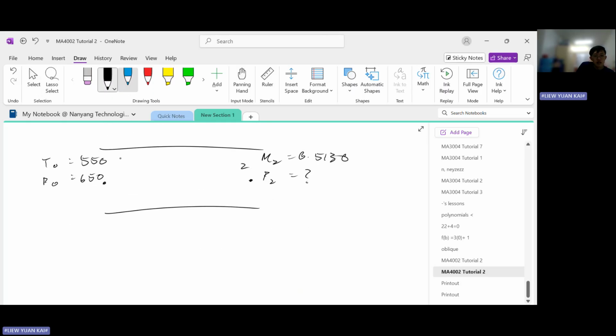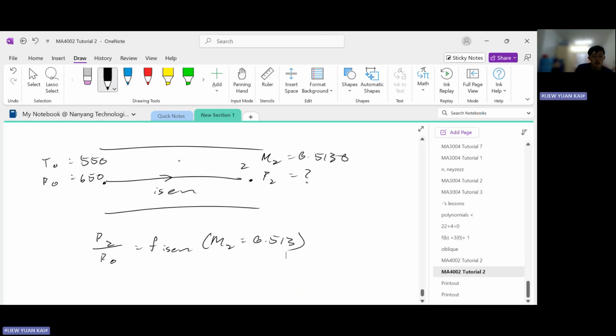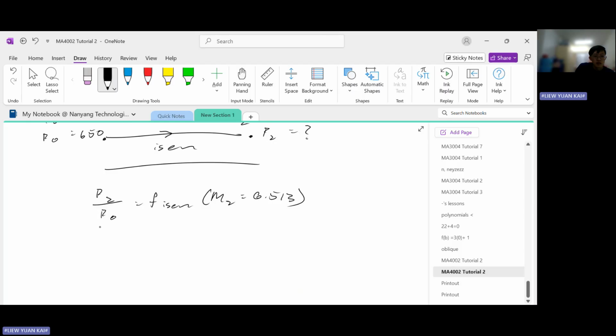So this is all related by an isentropic flow. Therefore, we use the isentropic flow table. So P2 divided by P naught is a function of the Mach number at point 2, where the Mach number is 0.513. So let's fill up our knowns.